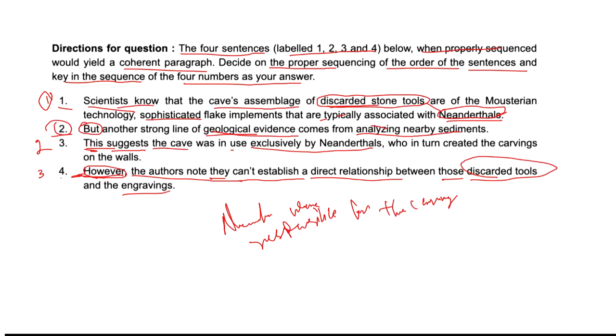Finally, we can find option 2 as the final sentence, which comes at the end, talking about another strong line of geological evidence. Geological evidence from analyzing nearby sediment adds an additional piece of information that supports the idea that Neanderthals were responsible for the carvings, after the reader has been introduced to the main context.